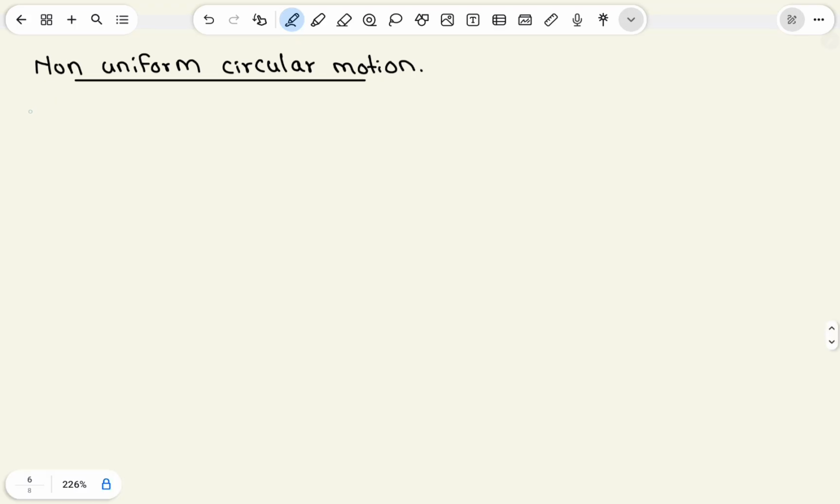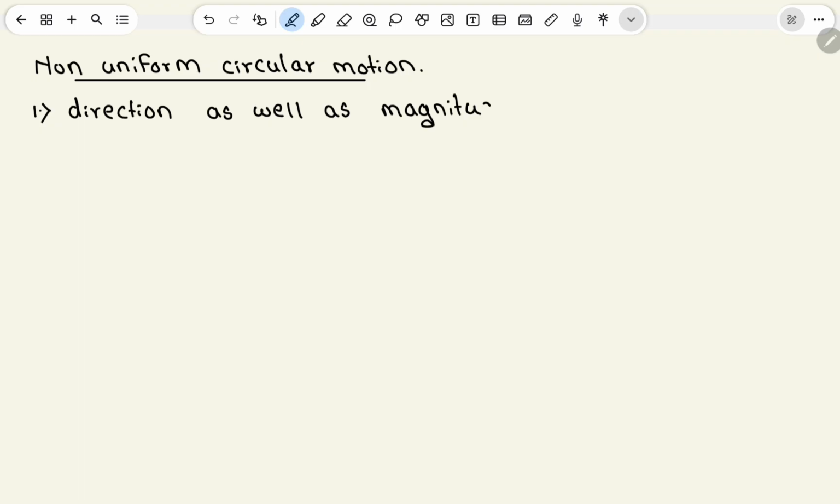Here, in non-uniform circular motion, the first point that we need to remember is that direction as well as magnitude of velocity, which we call speed, they both change.